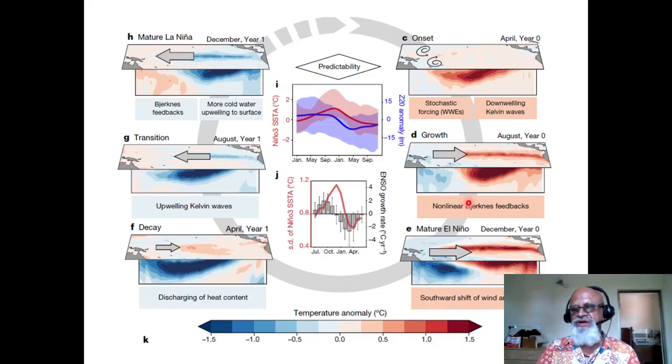So the nonlinear Bjerknes feedbacks kick in, which means the thermocline interactions with the mixed layer and the SST are very strong, and the surface interactions in terms of pressure anomaly, pressure gradient anomaly, and the wind response are very strong.